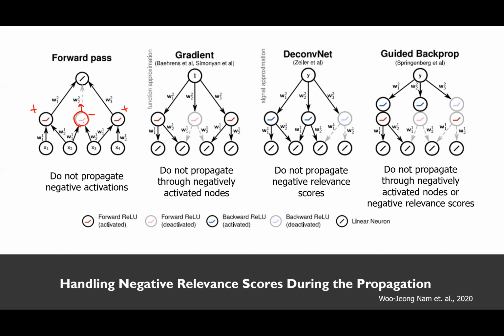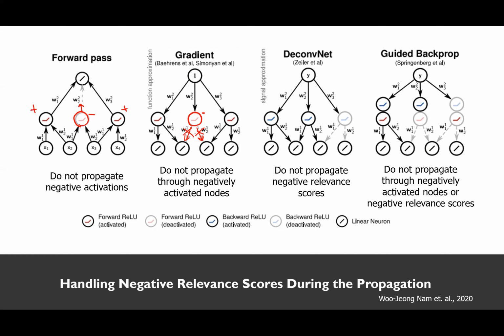And when the gradient comes, this value does not contribute to the final output, especially when the output is binary classification, so the relevance score does not go through this activation node.